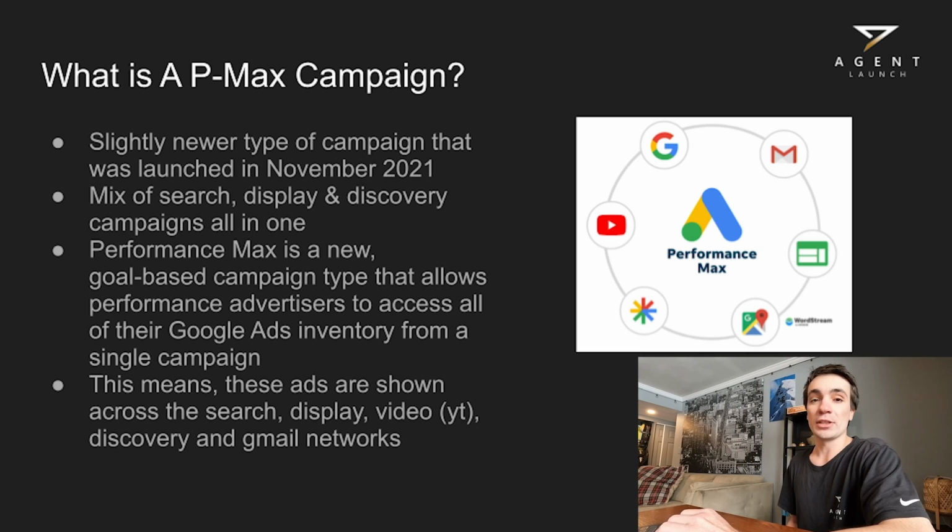What you do is you essentially give Google a bunch of headlines, descriptions, photos, videos, things like that, and also different types of custom audiences. And what it'll do is it'll display your ad over every single one of Google's networks. So essentially your ads will be shown not just on search or on display networks, but on search, display, YouTube, Gmail, Google Maps, and all other Google platforms. That way it essentially provides you with the biggest audience possible within the Google network.